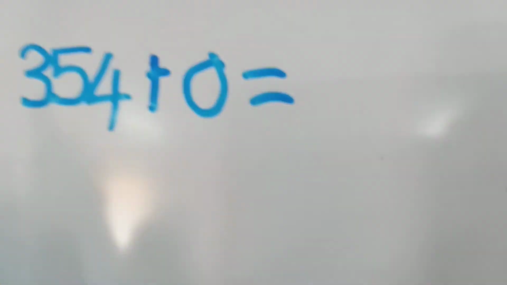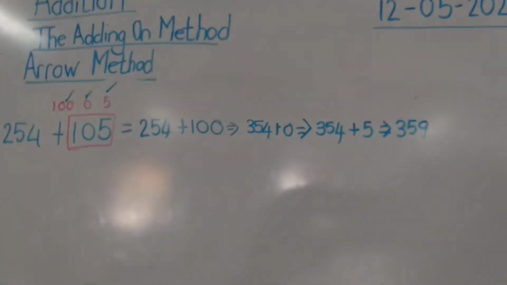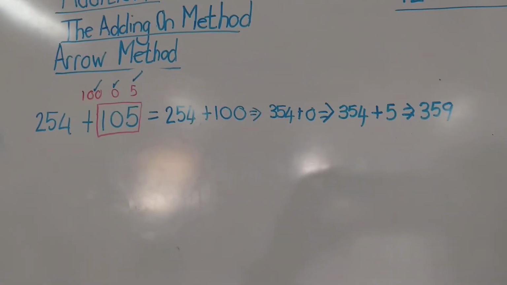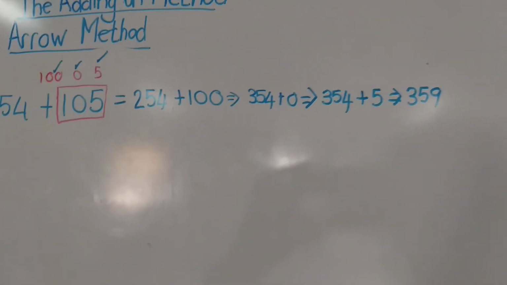Or you can just go onto your units and leave the 0 out. So 354 plus 0 is 354. Now we're going to add on our 5. Plus 5 is 359. So there's our final sum for that one. The adding on method. Let's do one more example.